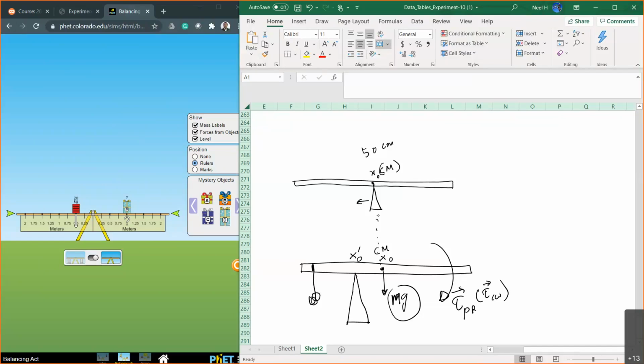We're going to add the slotted weight slowly, maybe 10 gram at a time, 5 gram at a time, and so on, until we see the meter ruler become level again.